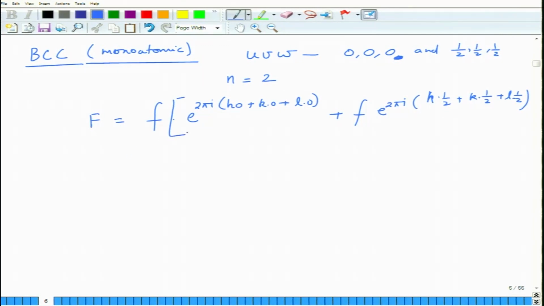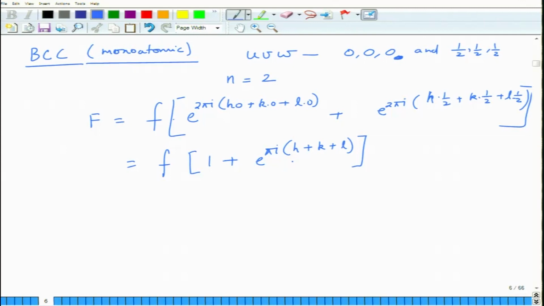So you can take f out. What is this term? This is 1, plus e to the power pi i (h plus k plus l).